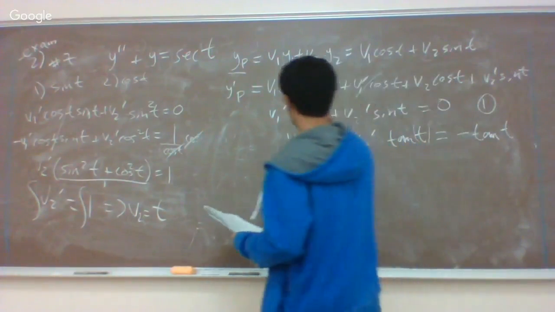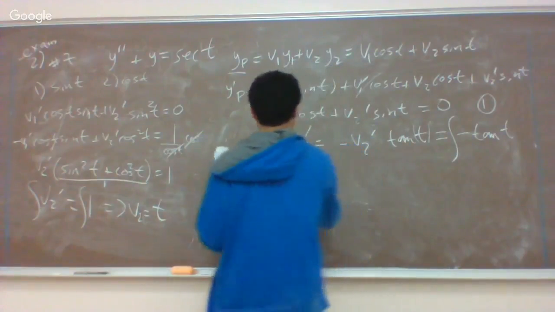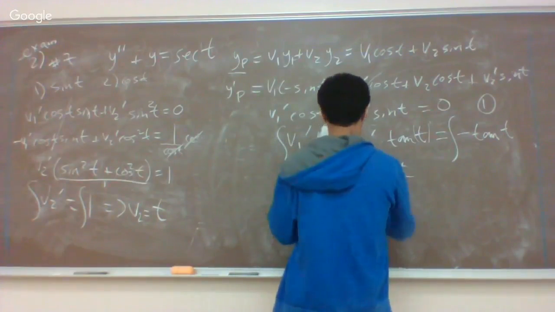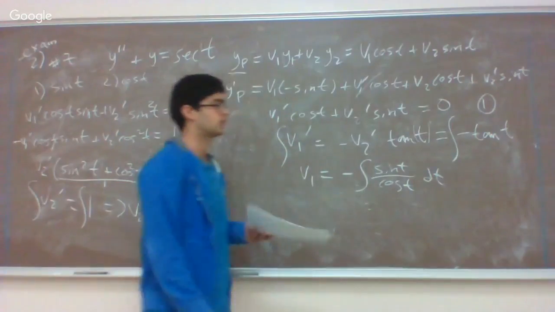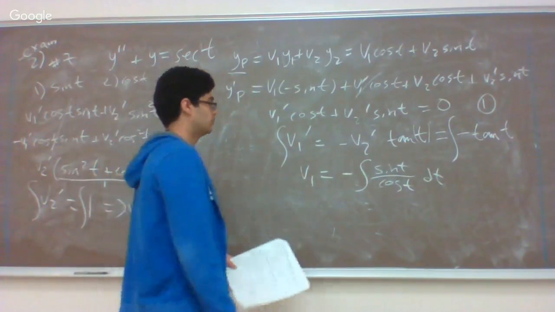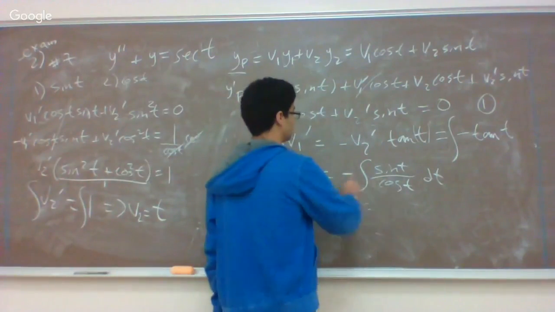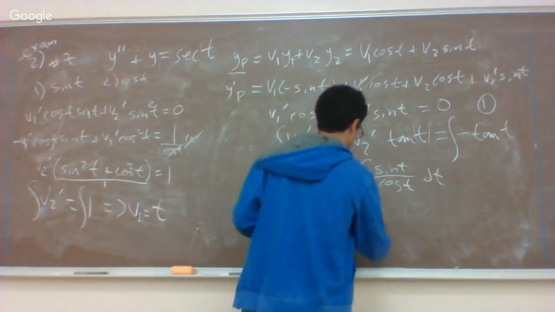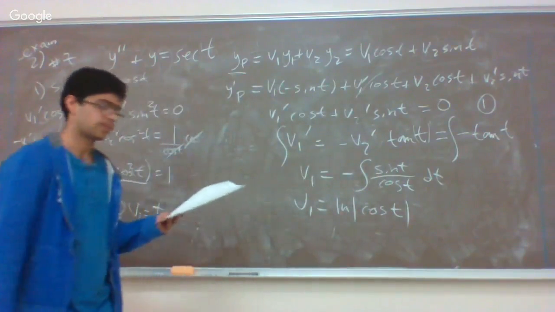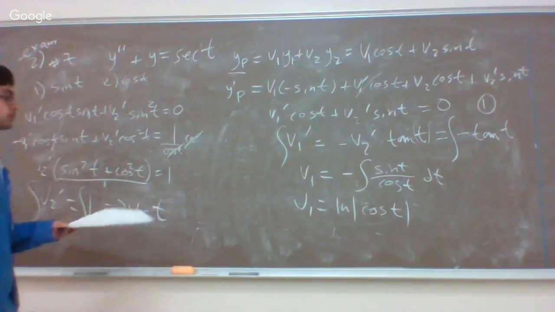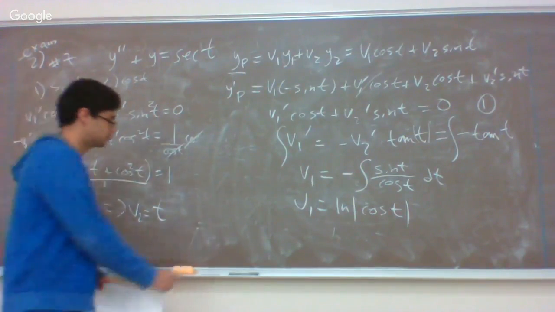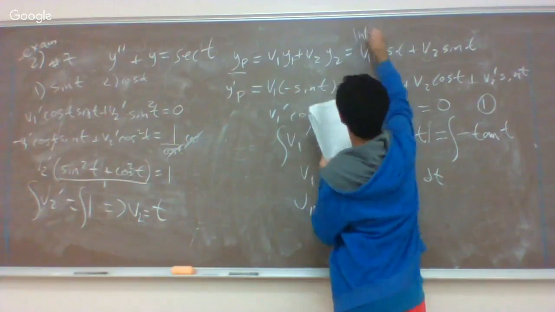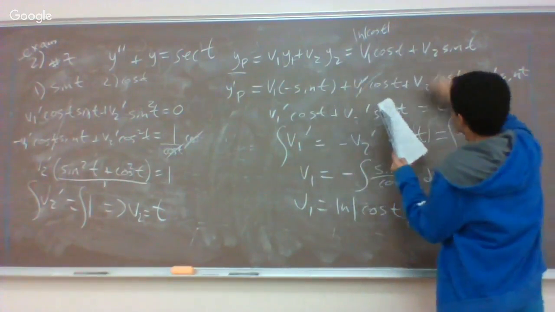So v1 is the integral of negative tangent of t, which is negative times the integral of sine of t divided by cosine of t dt. The derivative of cosine is negative sine, so v1 is equal to the natural log of cosine of t, and my v2 is equal to t.